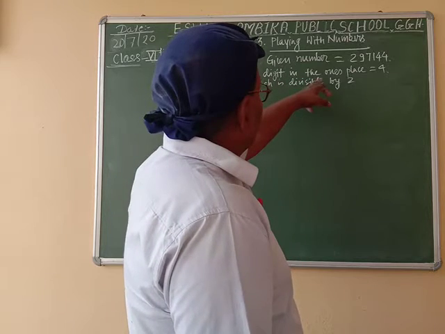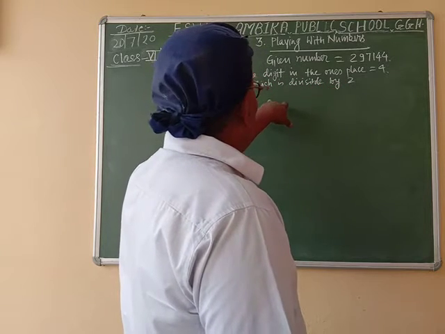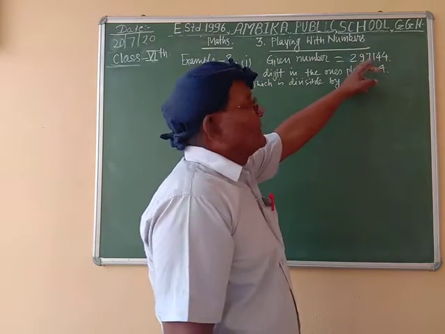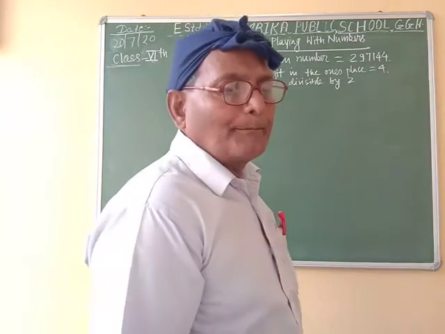The digit in the ones place is equal to 4, which is divisible by 2, and now the sum of the digits.